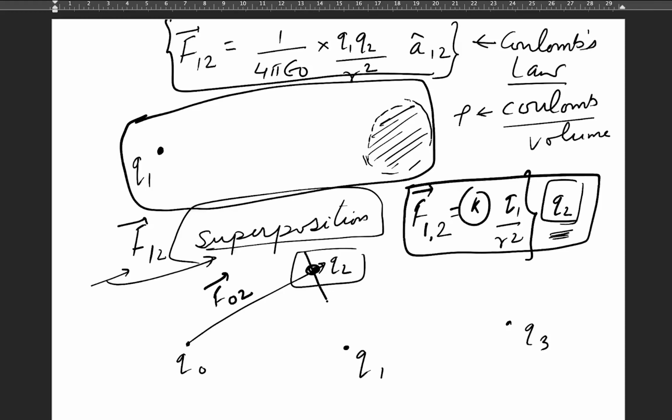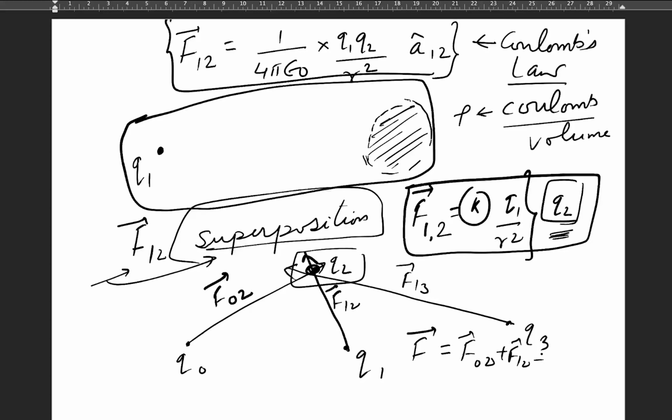Similarly, we will find F12. We will find F13, and then we will add them vectorially to find the total force on charge 2, which will be F02 plus F12 plus F13. So this basically sums up electrostatics if we are able to find so many things.